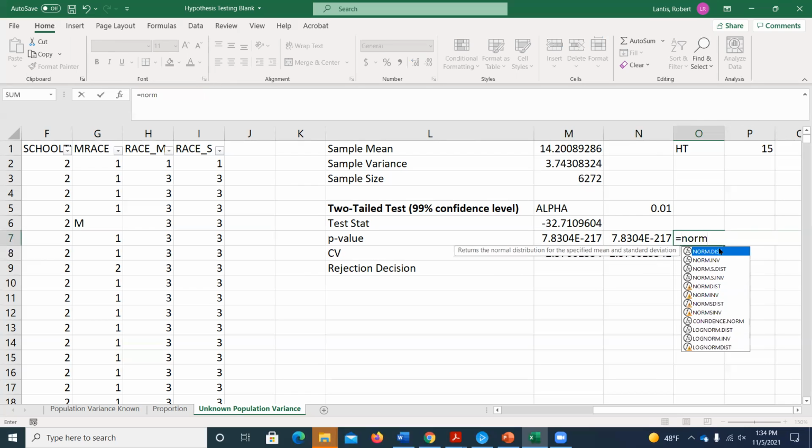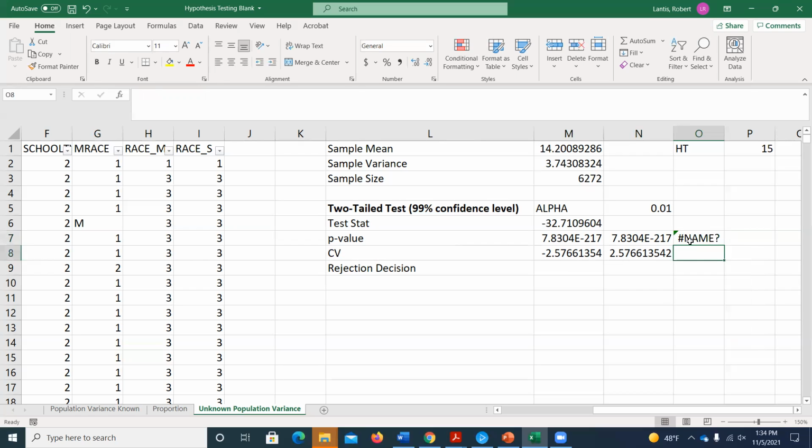Notice, for the norm, this was the one that's frustrating because it only ever has the area to the left. I don't know why they don't just write it so that you don't have to do the 1 minus yourself and it just looks for the area to the right. They can clearly program it for a much more difficult distribution, which is this wild formula with hundreds and thousands of terms for the student t distribution. But yeah, it does that nice thing where it looks to the right.